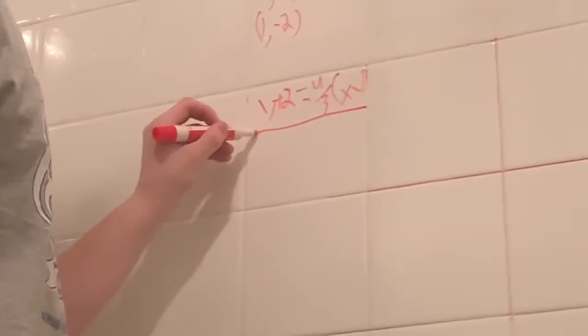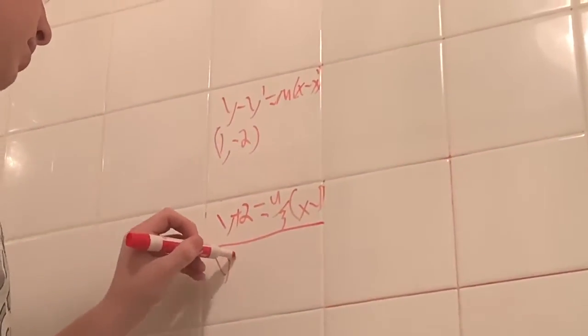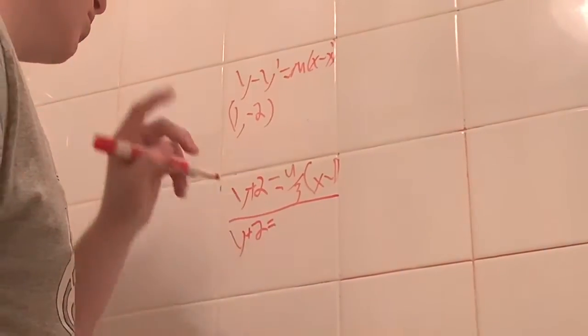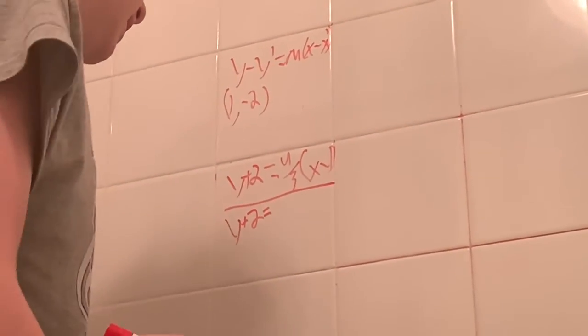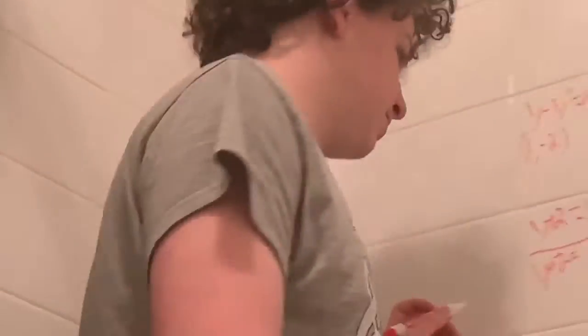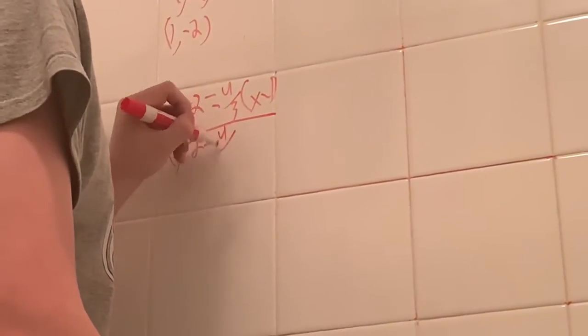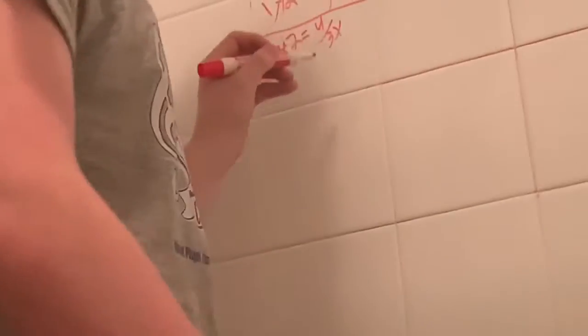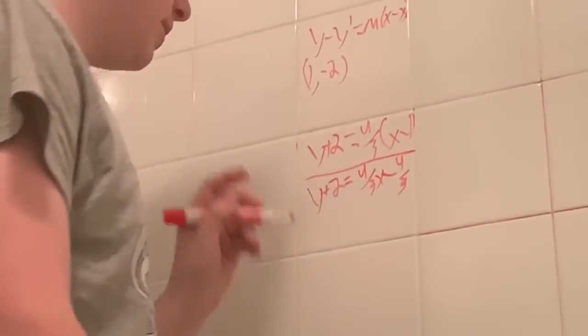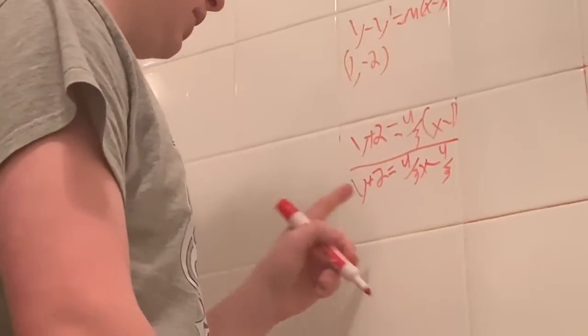So from there, you gotta go y plus 2 equals 4/3x minus 4/3.